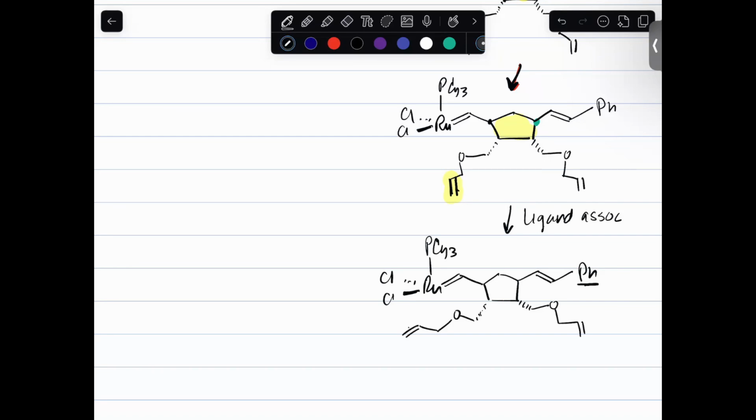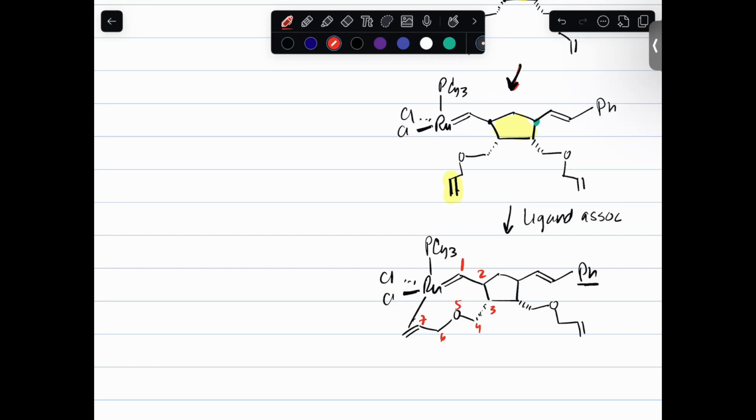Okay. So there's my ligand association. Is this going to be a seven-membered ring? You should number your carbons to see if you've accounted for every carbon. So 7. And so you can start seeing that it's going to form a seven-membered ring.